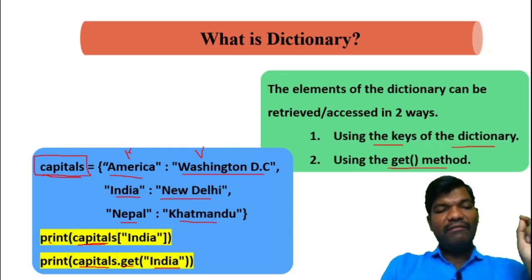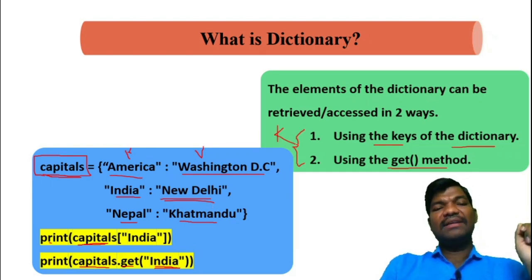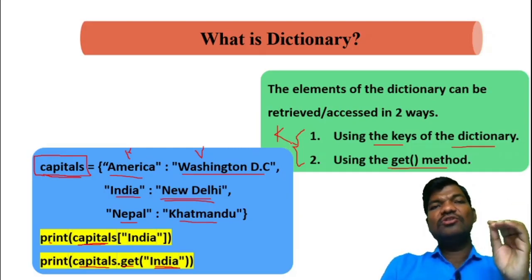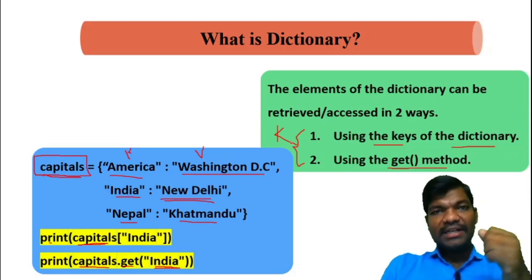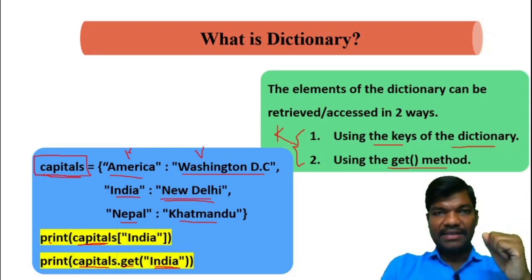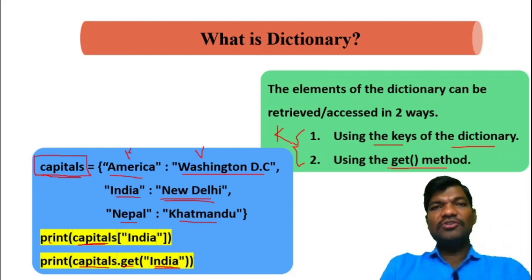Get of India. Here the answer is New Delhi. In these two methods, the key is compulsory. Let's check some examples in Jupyter Lab, how to create a dictionary and how to access the elements.